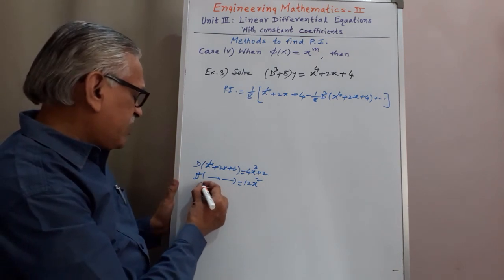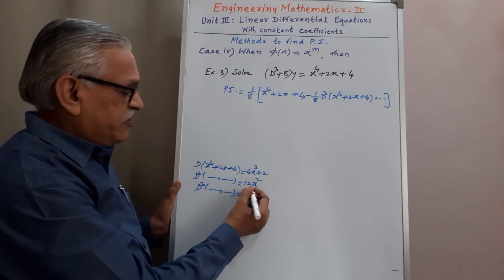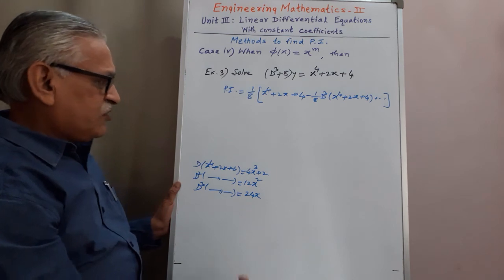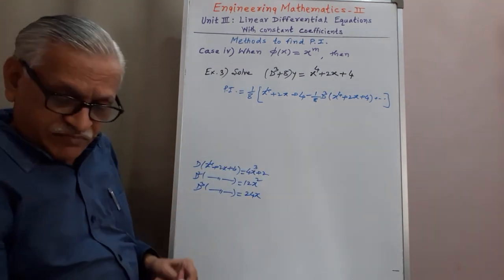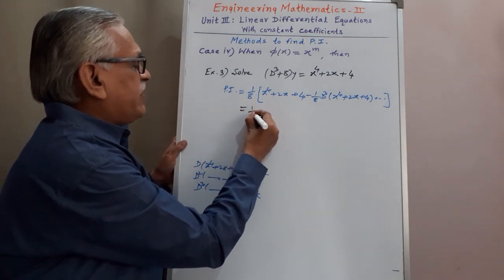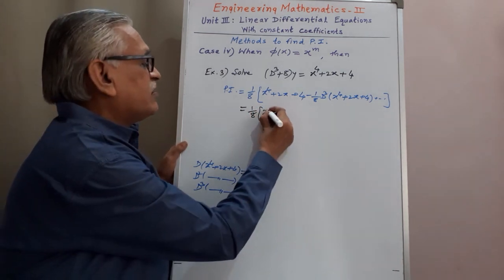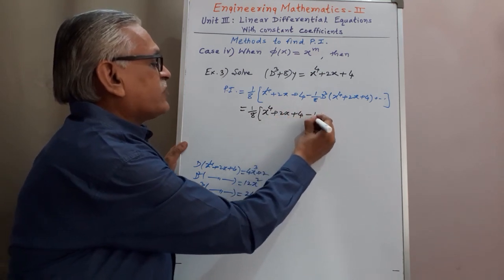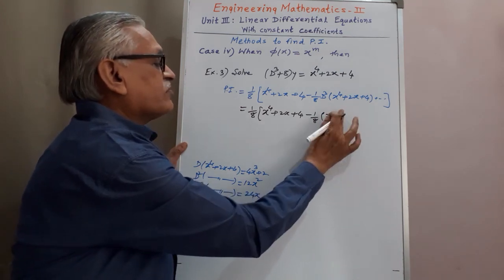The third order derivative, the next derivative, is 24x. We have to substitute that value here. Therefore the PI becomes 1 by 8 times (x raised to 4 plus 2x plus 4) minus 1 by 8 times 24x.